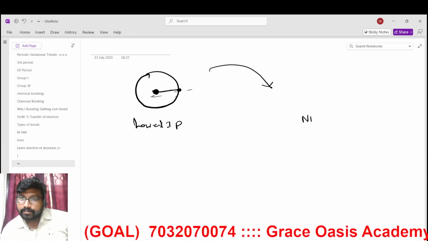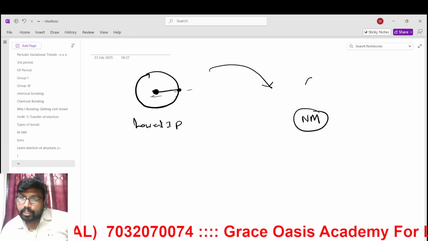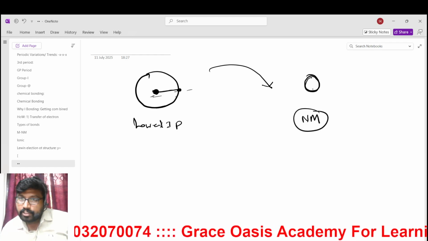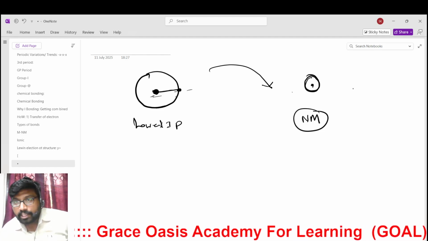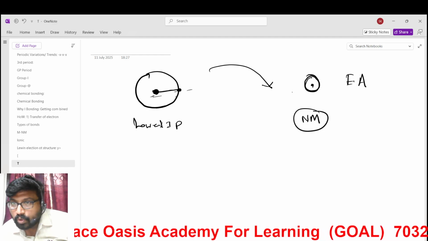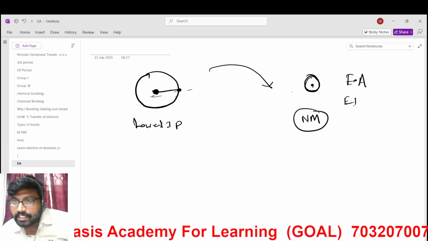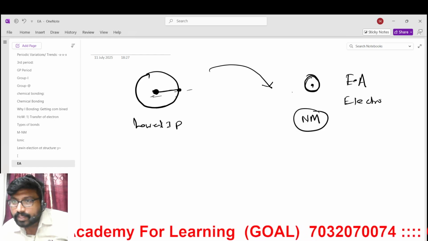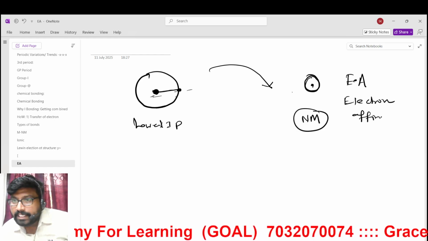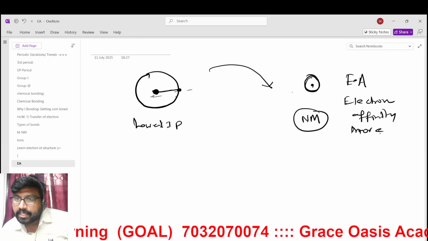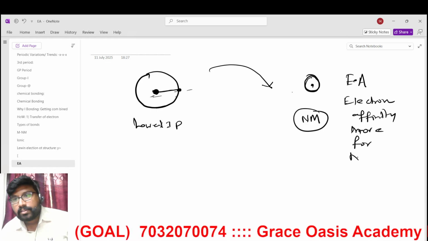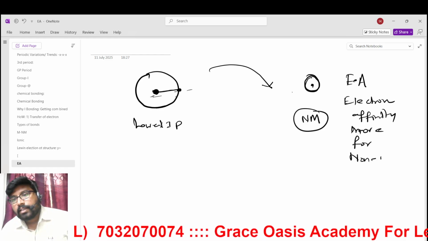Who is receiving it? Non-metal is receiving it. Non-metal will be comparatively small in size, therefore electron affinity is more. Electron affinity is more for the receiving member, more for non-metal. Understand?